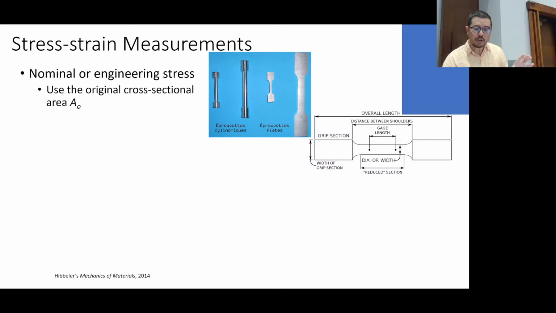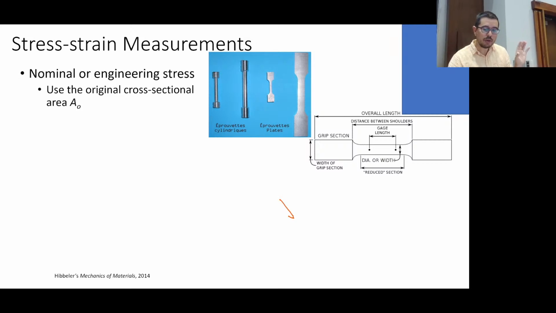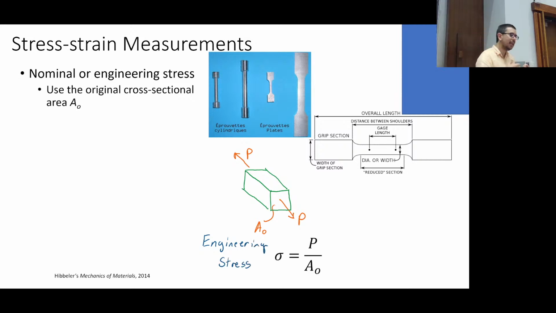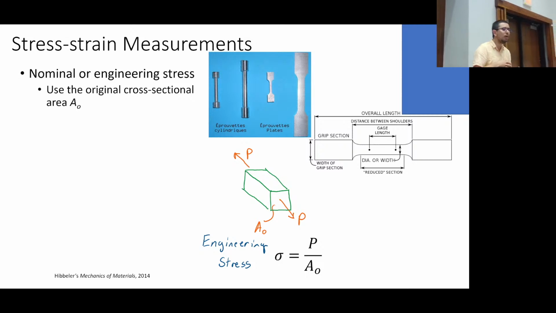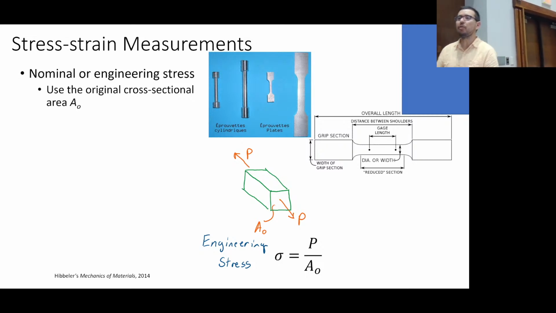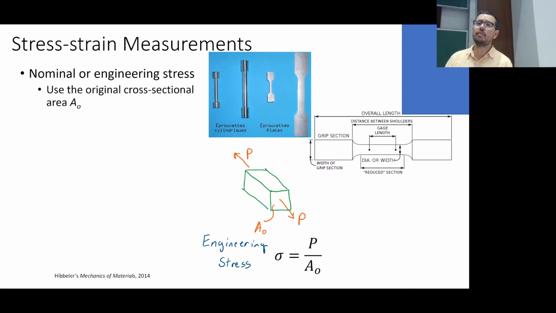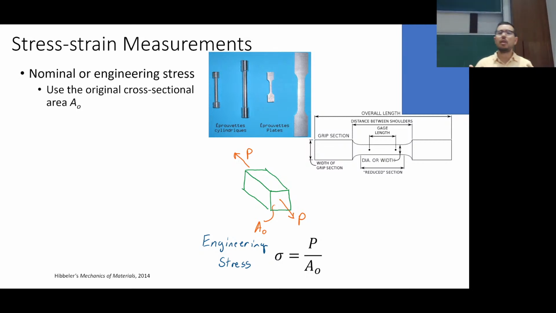So for our intents and purposes, we are going to pretty much be using a very small amount of strain, and the area is not going to change that much. Now, what's interesting is that you may think, oh well, area should just be conserved, right? Because you have an idea of volume conservation.